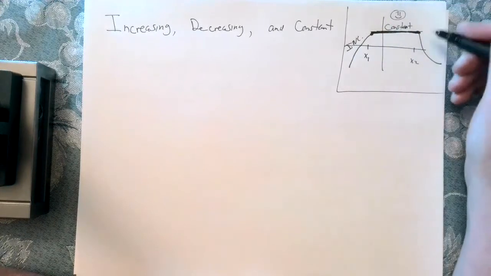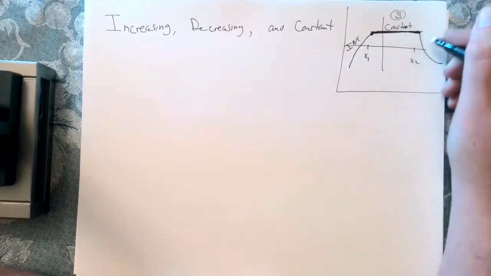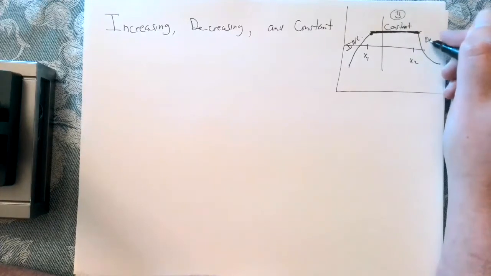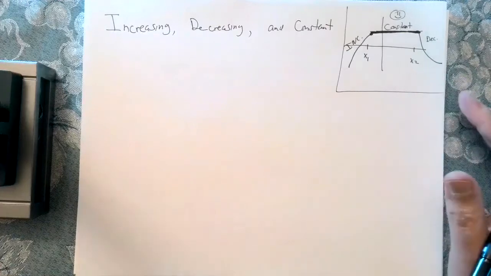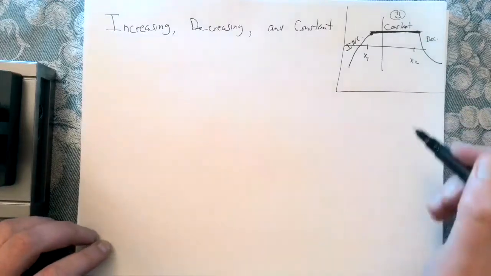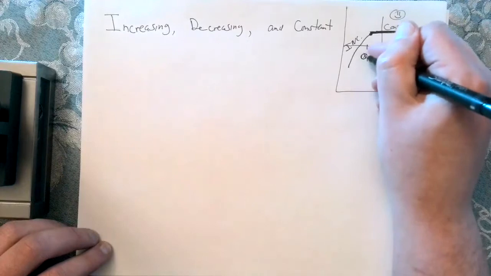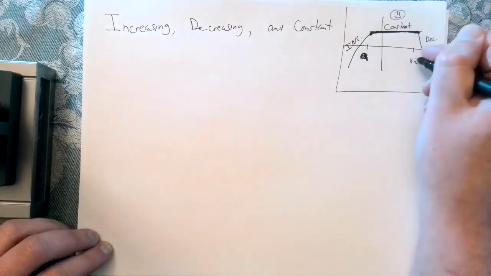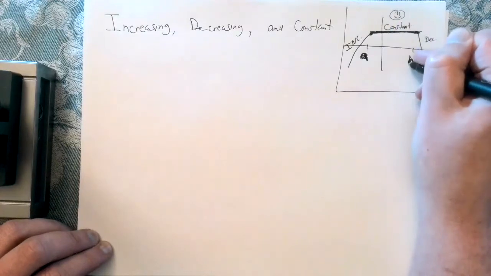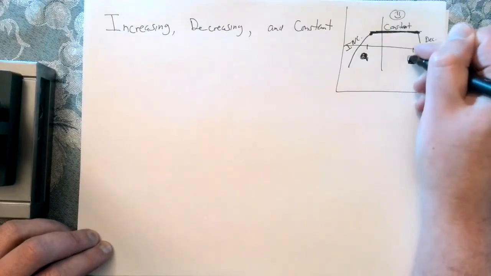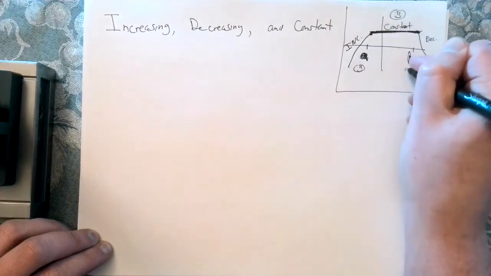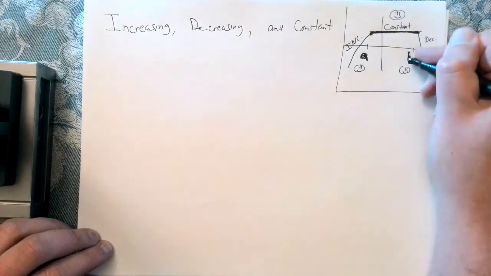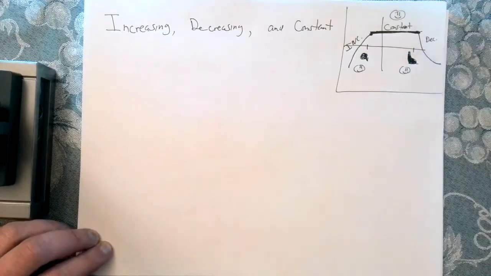And then here we're decreasing from x2 to infinity. Actually, let's say from A to B, because I want to use x1 and x2. We don't lose anything from doing that. Let's say that's A to B. That gets another smiley face. That's my get out of jail free card, the smiley face.